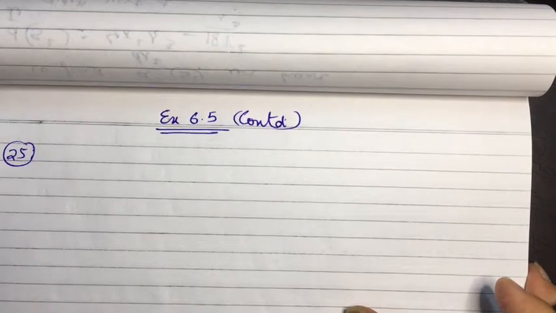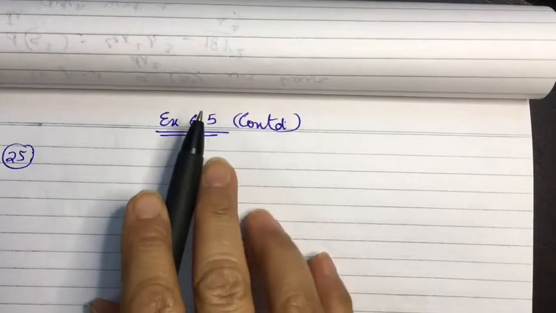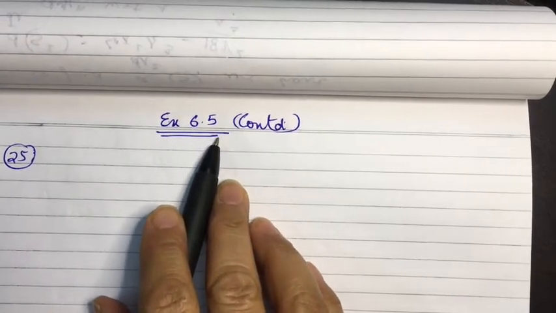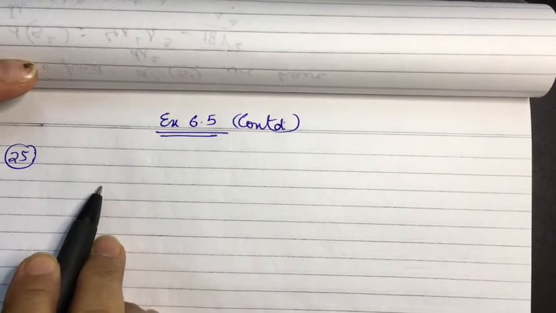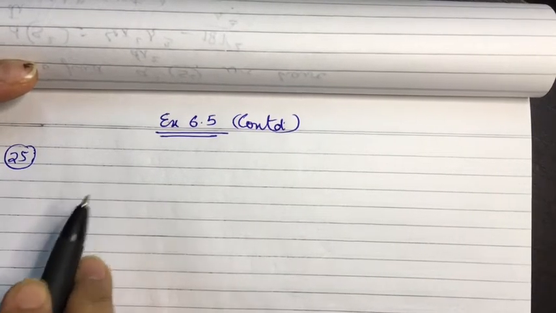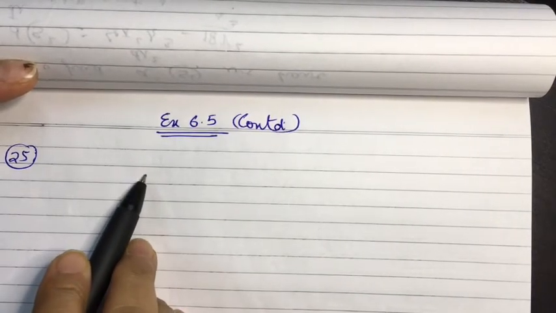Good morning. Today we are going to take question number 25 and 26 of exercise 6.5. Now question number 25 says that show that the semi-vertical angle of the cone of maximum volume and of given slant height is tan inverse root 2.